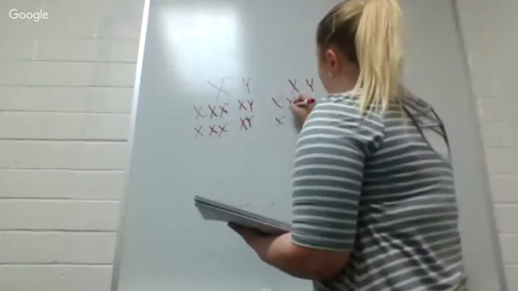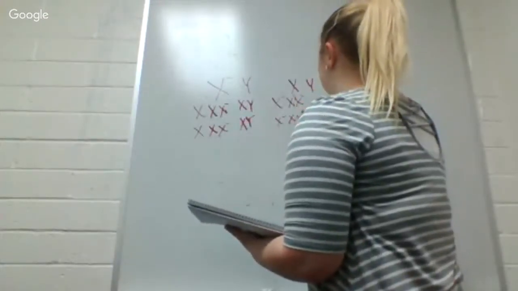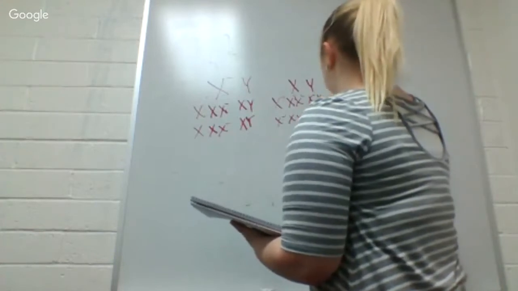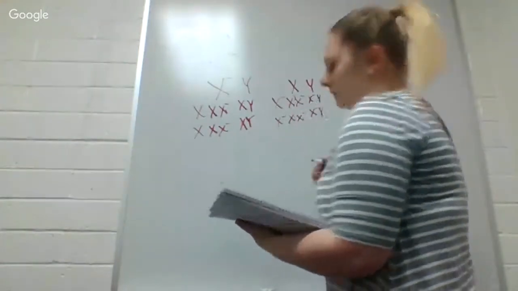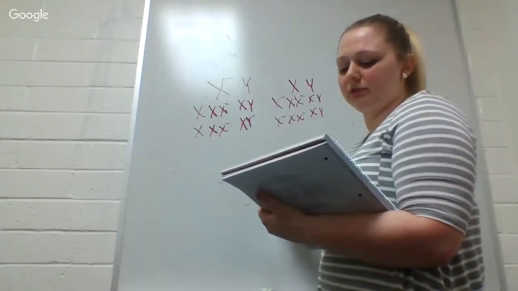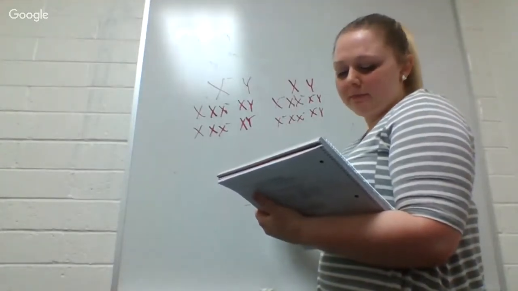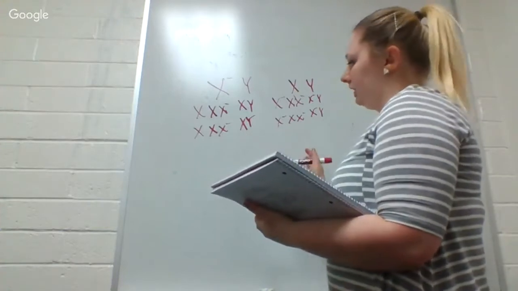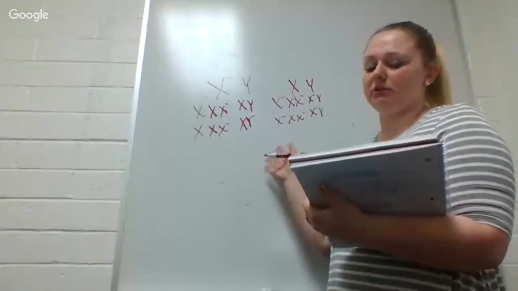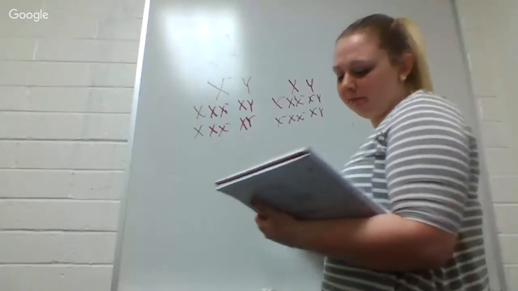When we do that, we're going to get 2/4 normal females and 2/4 scalloped males. We can see that this is X-linked because when we do the reciprocal, the males are opposite of what they were before.